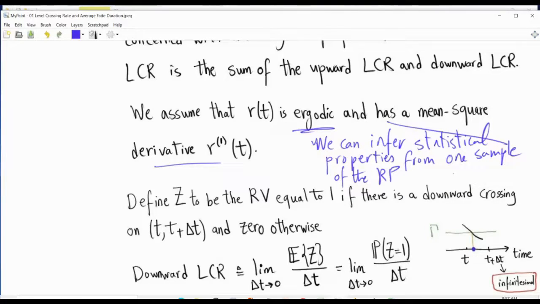Here one sample means that it extends to infinity: you have one realization of the random process that extends over the whole time. In practice, it should extend over a huge period of time. But just one realization, and you can estimate the statistical properties. These can be the mean, the covariance, and so on.